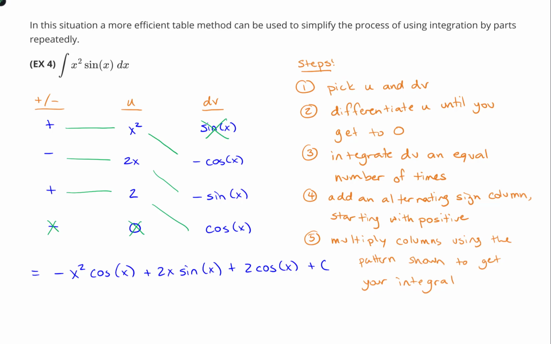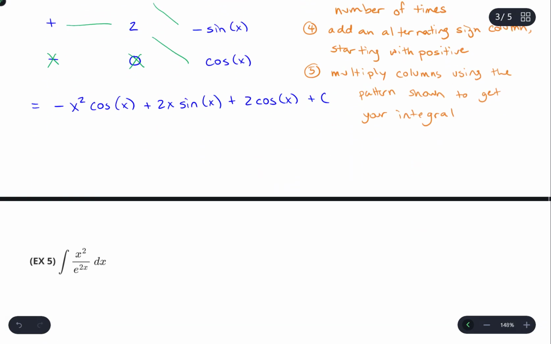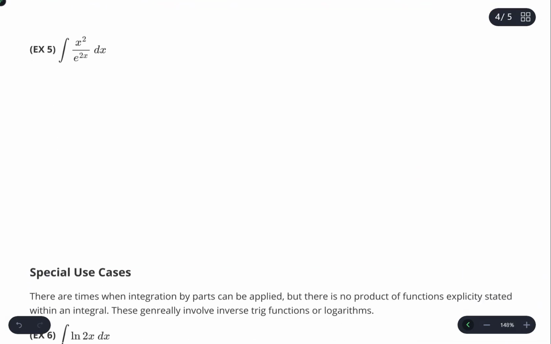Let's see one more example of that. All right, so here I have the integral of x squared divided by e to the 2x dx. So first thing is I'm going to rewrite this so that it looks like a product, because we generally think of integration by parts working whenever we have a product of functions.